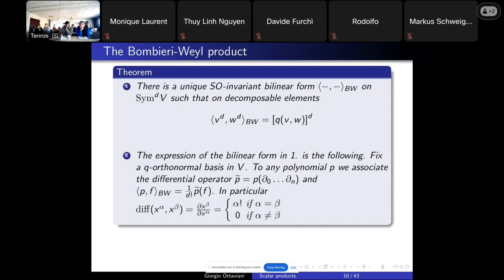Well, in the monomial basis, this just means differentiate the second monomial by the partial of the first one. And so they are orthogonal, but not orthonormal. That's an important feature. Even if you divide by this, which is universal, it comes exactly the inverse of the multinomial coefficient. But in this way, you can construct everything.